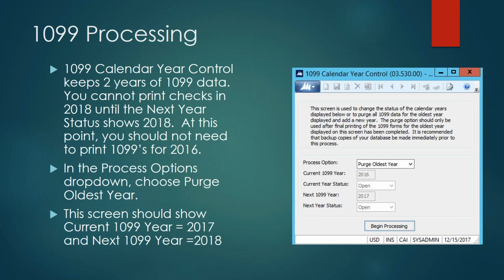You'll typically get a system message 532, and it tells you that it needs to be in an open year. So what you will do is purge the oldest year. This doesn't purge any voucher information or any payment information. It just doesn't allow us to print 1099s for 2016, which we should be done with by now. So you're going to want it to show as 2017 and 2018.